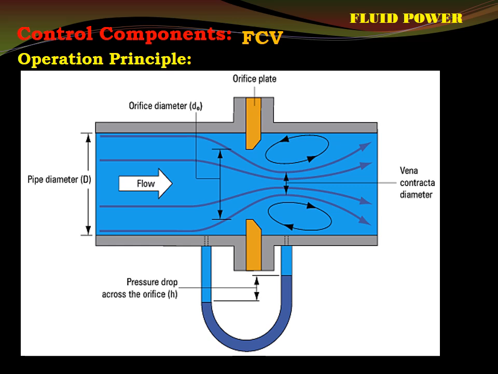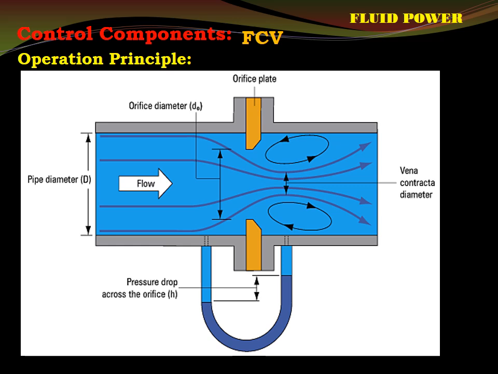And here is the working principle. An FCV is nothing but an orifice, usually not the fixed area type. We have gone through the working of an orifice in our fluid mechanics class. What happens as flow goes through an orifice? There will be a drop of pressure, and because of that pressure drop, flow will be controlled.